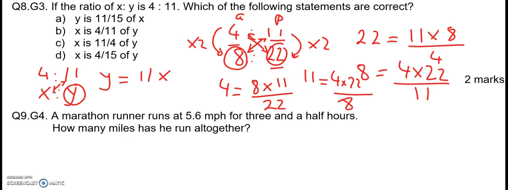So 11x divided by 4. Or for x, I can write x is equal to 4 lots of y divided by 11. So multiply diagonally and then divide by the remaining number.